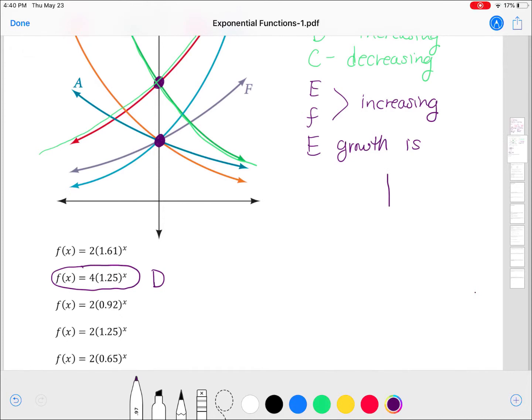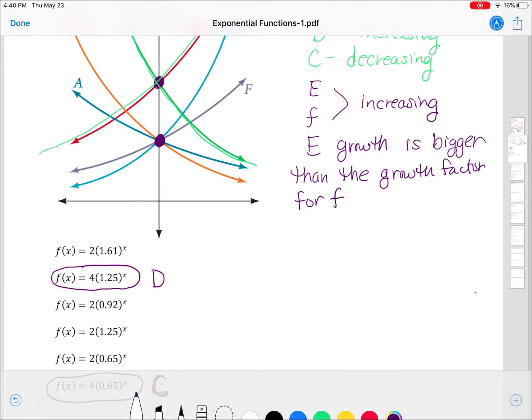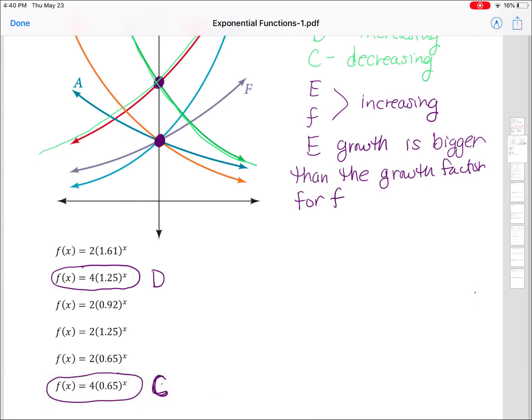The growth factor for E is bigger than the growth factor for F. So then I'm going to look for 2 growth factors that are bigger than 1 because they're both increasing, E and F, but the one that's bigger is going to be E.